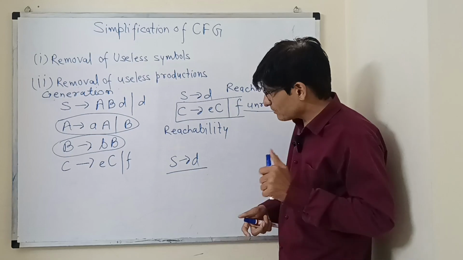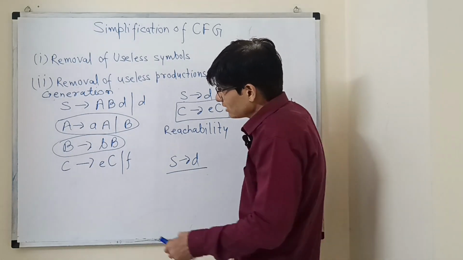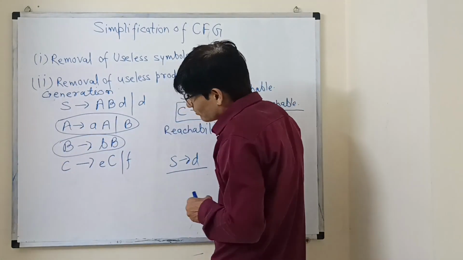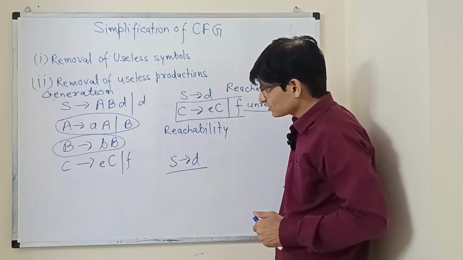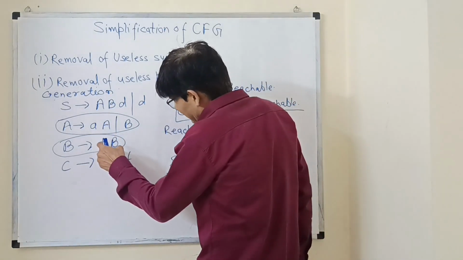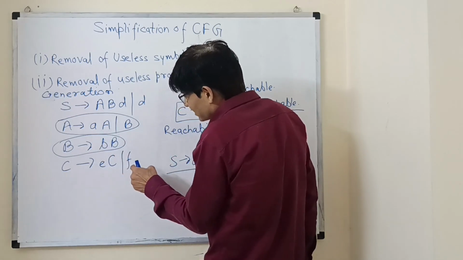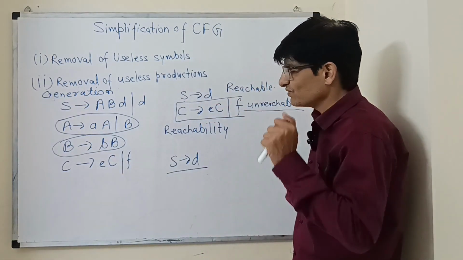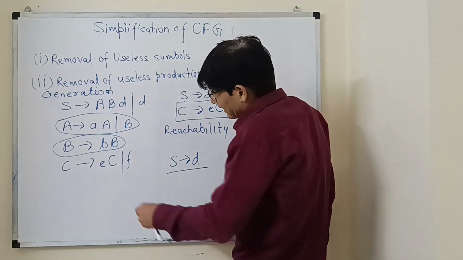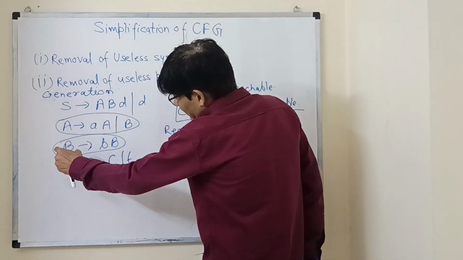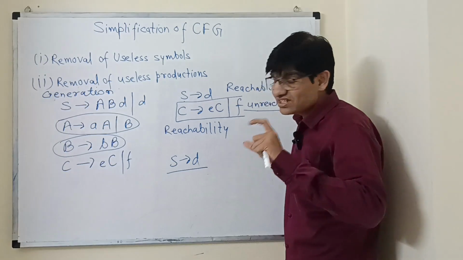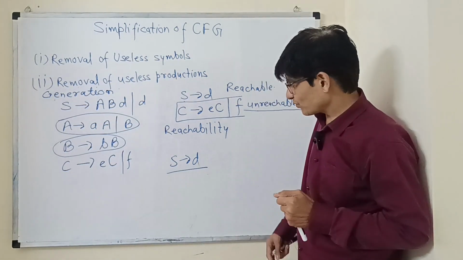So you can see, my friend, we have removed three variables and four terminals from the grammar. The four terminals are small a, small b, small e, small f. These four terminals we have removed, and capital A, capital B, capital C, these three variables we have removed from the grammar.